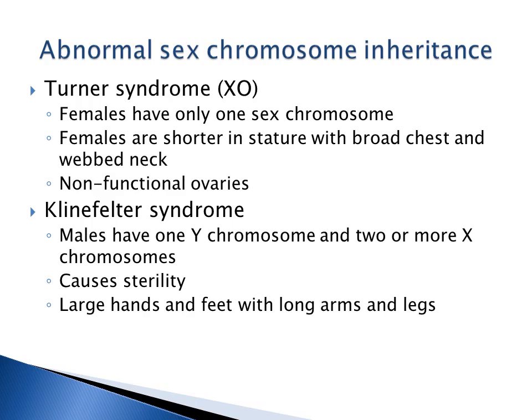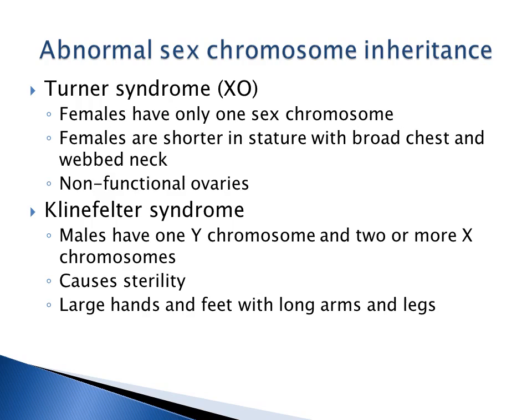There are also diseases that are caused by abnormal sex chromosome inheritance. And 2 examples of this are Turner syndrome and Klinefelter syndrome. So in Turner syndrome, females have only 1 sex chromosome.